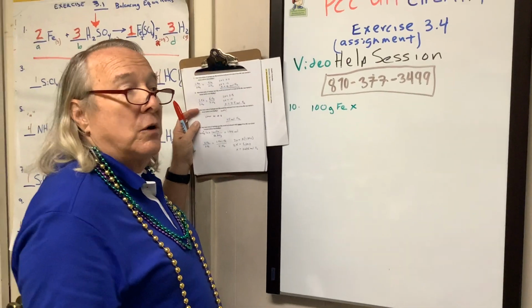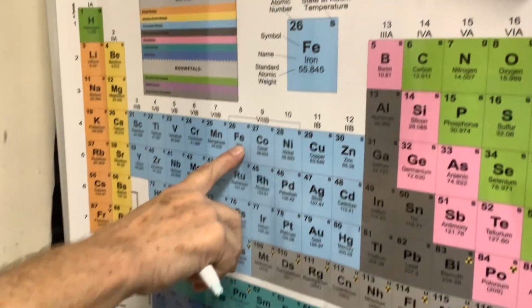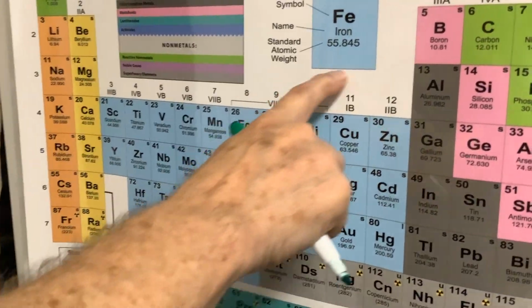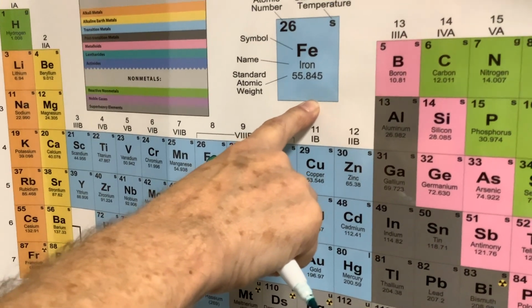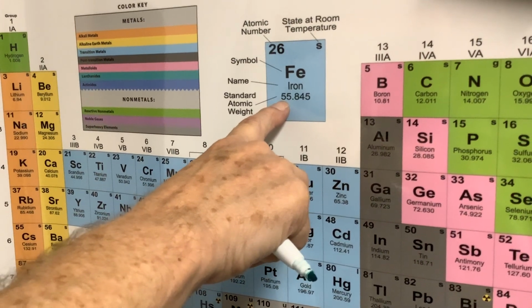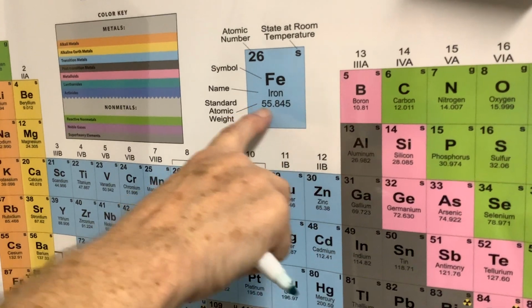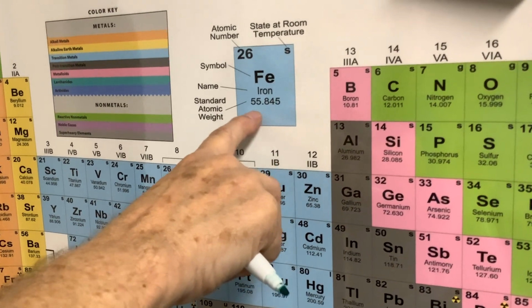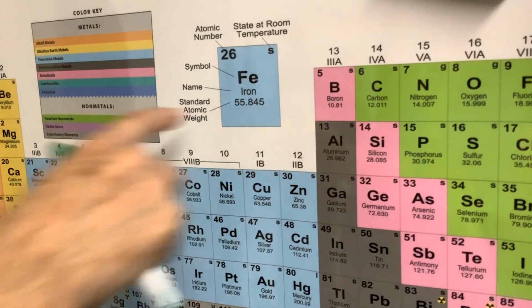I'm looking over here at my periodic table. Iron is right here, but they also chose iron for the example for the key. It has an atomic mass, it's not a molecule, of 55.845.